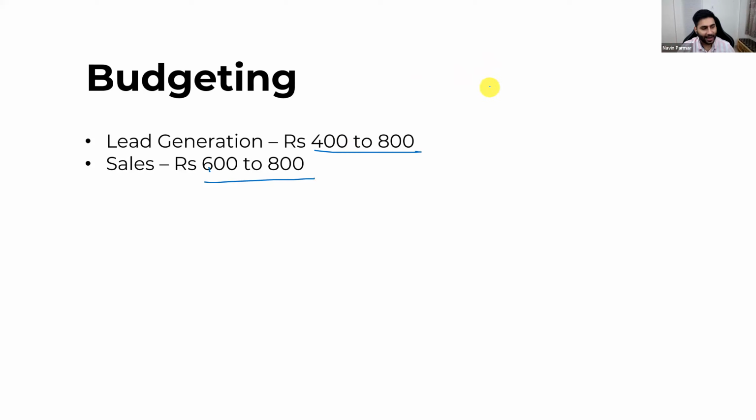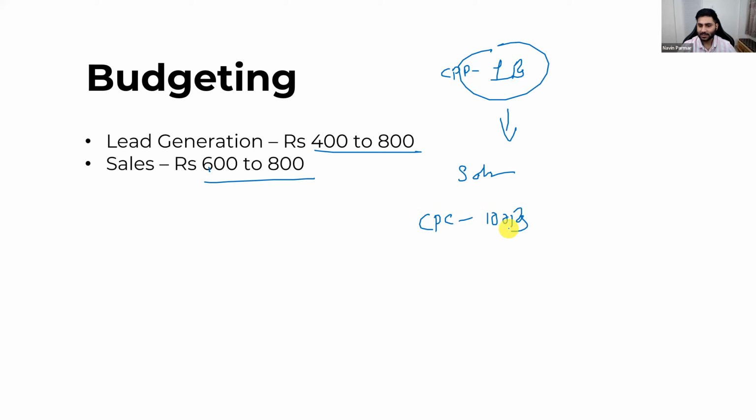I can help you get CPC of less than 1 rupee, but you will not be able to make any sales. I can get CPC of 100 rupees, but I will make sure that you will make more than 5 sales. Right? So CPC is just a metric.